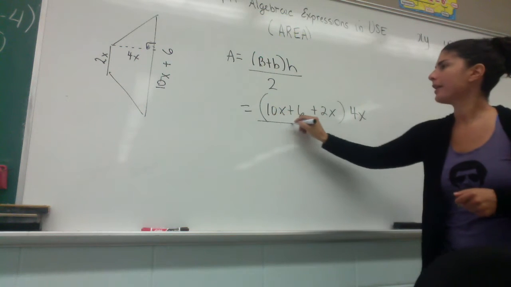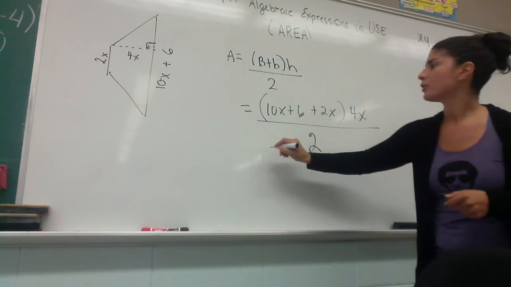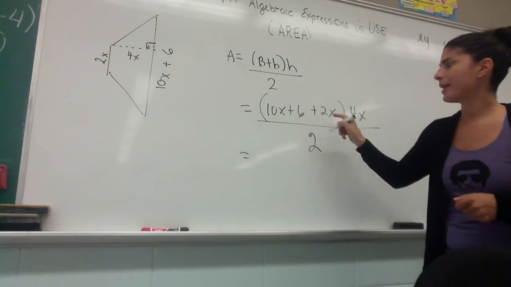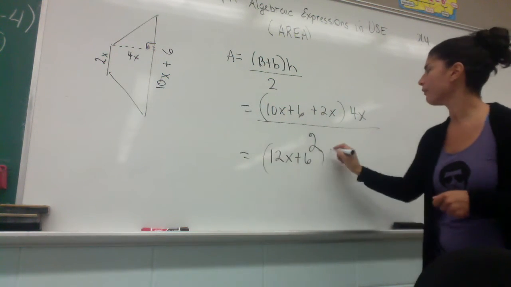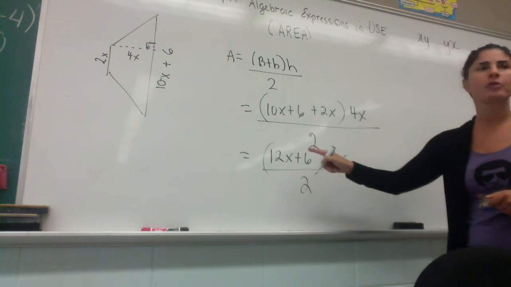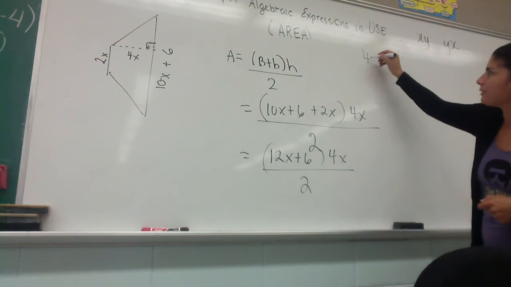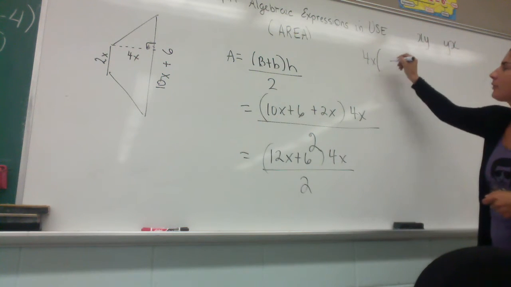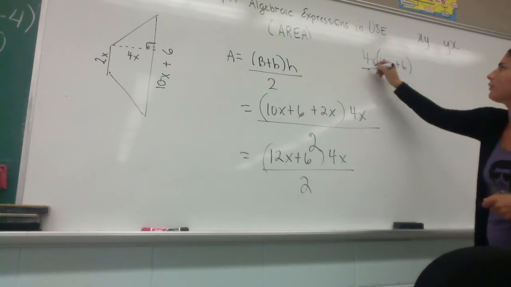And then we're going to divide everything by 2. So 10x plus 2x is 12x plus 6 times my 4x divided by 2. Now I'm going to bring the 4x to the front just to show you that they both mean the same thing. So 4x is first multiplied by the 12x plus 6, all divided by 2.